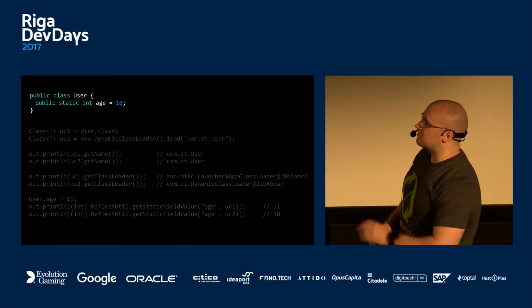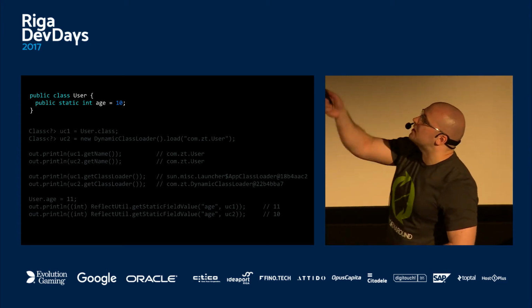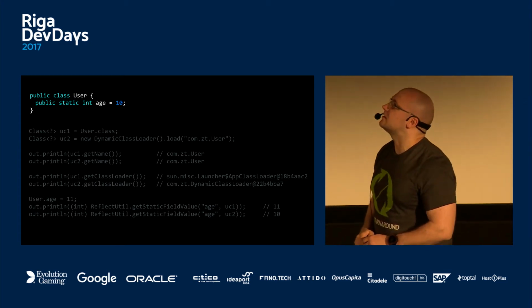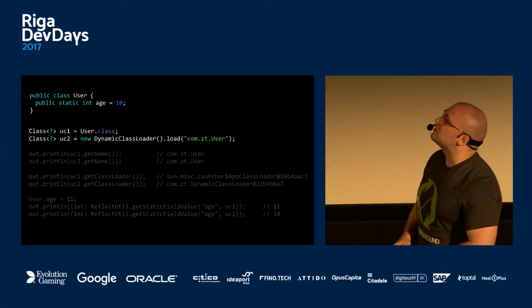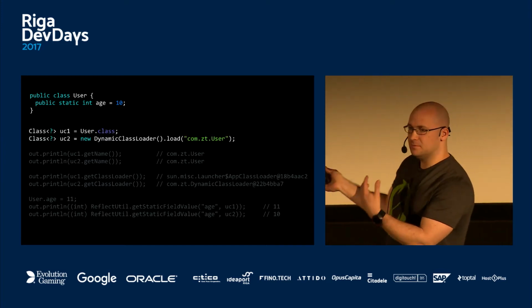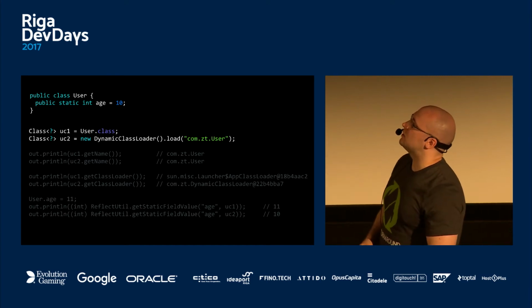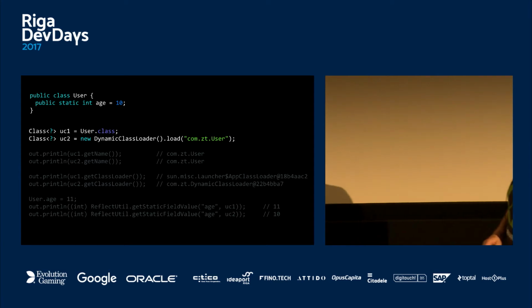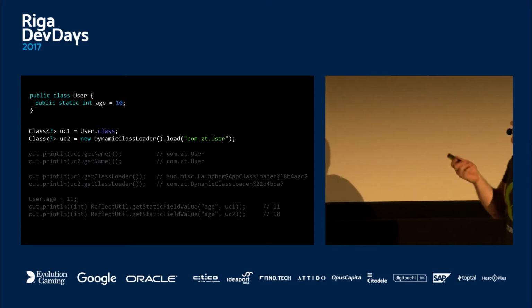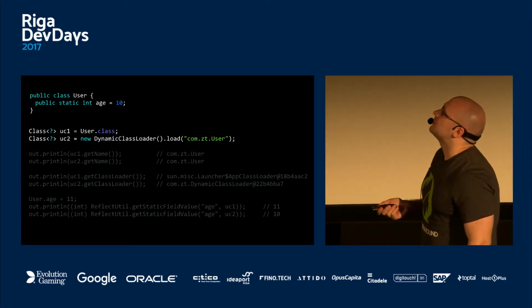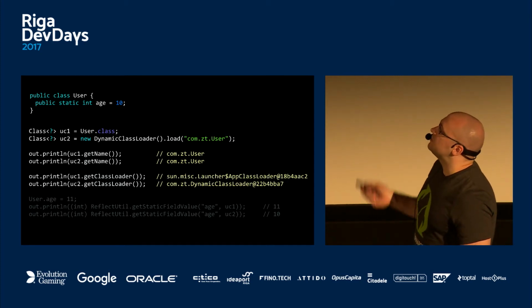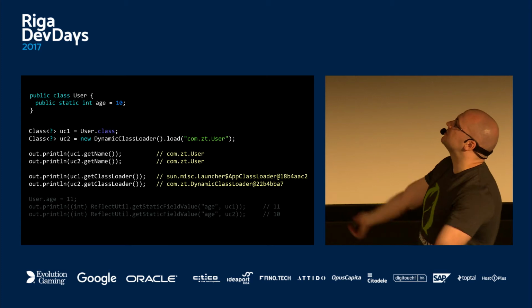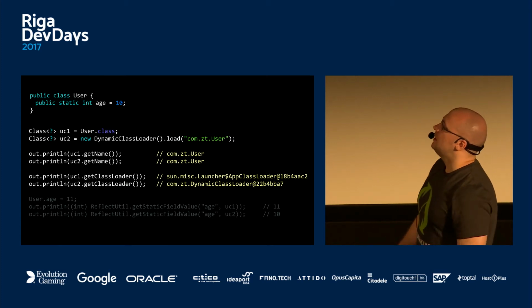Okay, let's start with the basics. We have a class which has a static field, age of 10, and we can load it from two different contexts. Let's say one is from the current context, and then we are loading with some custom class loader. So we have two classes there, but they are different. They have the same name, but they have a different class loader, which means they are actually different classes at runtime.